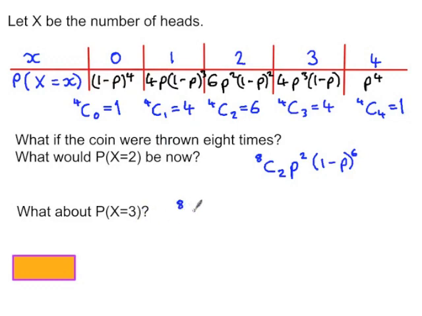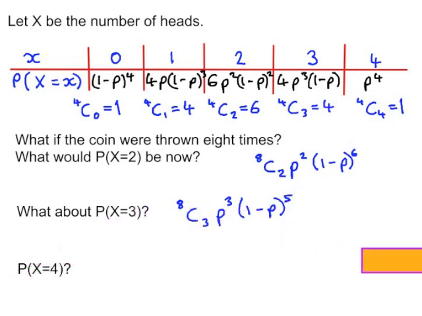Well, 8 coins, choosing 3 heads, p cubed, and 1 minus p to the power of 5. And choosing 4 heads from the 8 coins, 8 choose 4, p to the power of 4, 1 minus p to the power of 4.